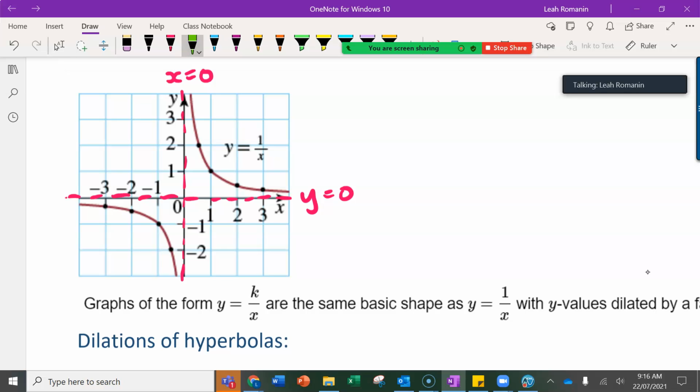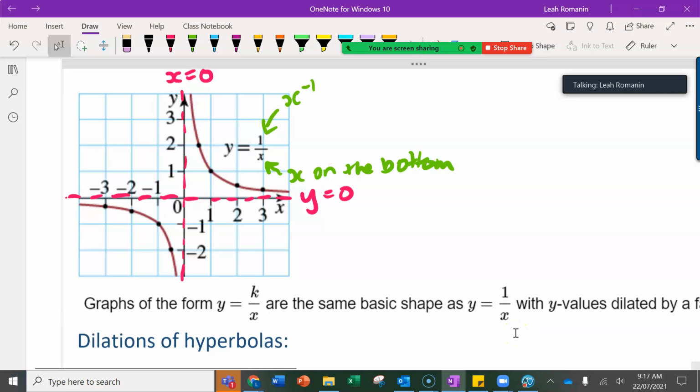Now, we have the x on the bottom of the fraction, and that's what makes this different from, say, our normal linear graph, because coming back to our indices, if we were to make this into a normal number, this would be x to the power of -1, which is what makes it look like this, and what gives us those 2 graphs, because it has that negative power.